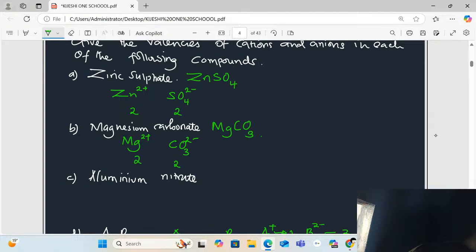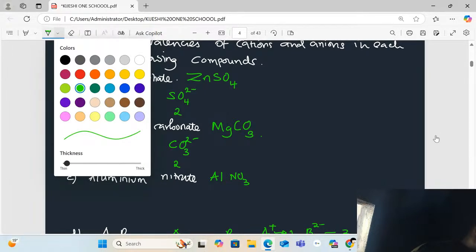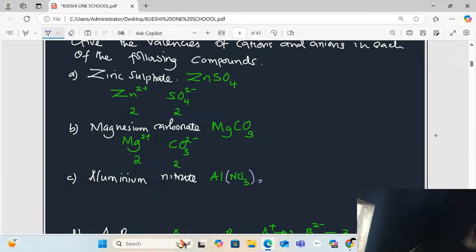Therefore, this one is written as Al(NO3)3, then it is enclosed. It is closed into 3 like that. Why? Aluminium cation, which is valence 3, and we had a nitrate radical, which is valence 1. So this one is valence 3, and this one is valence 1. And that is why we can arrive at that.